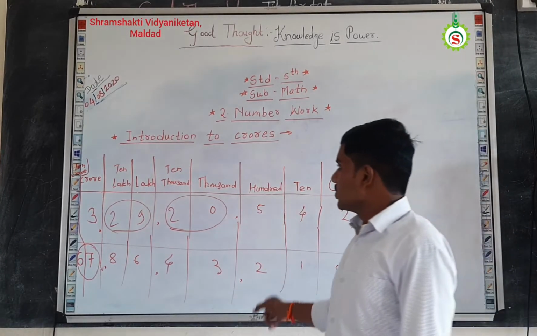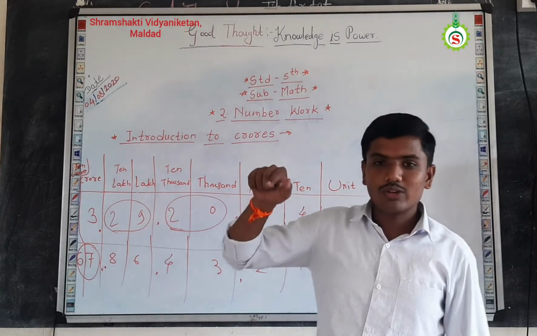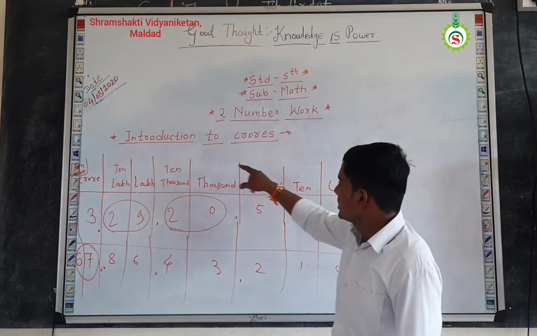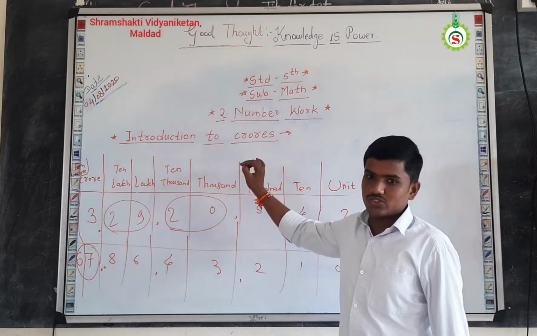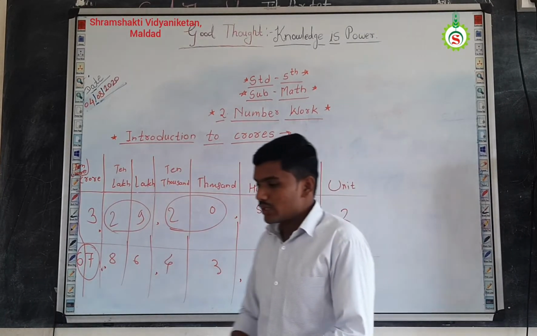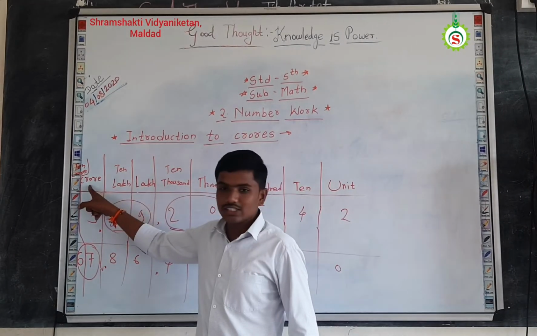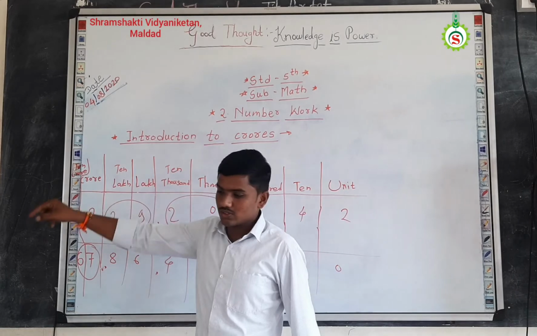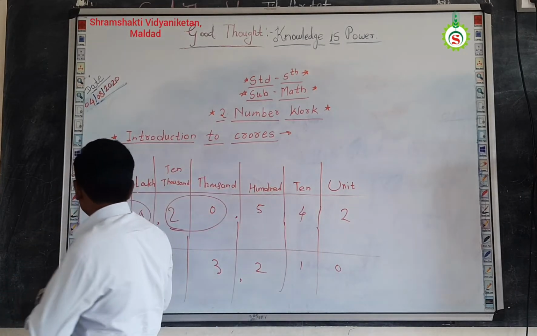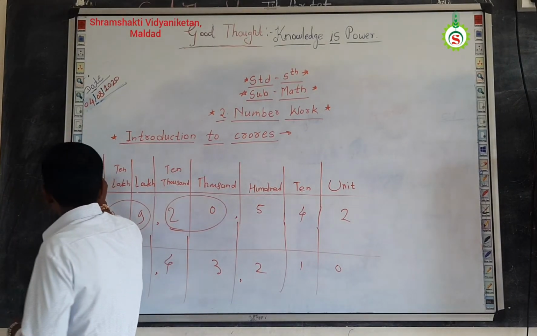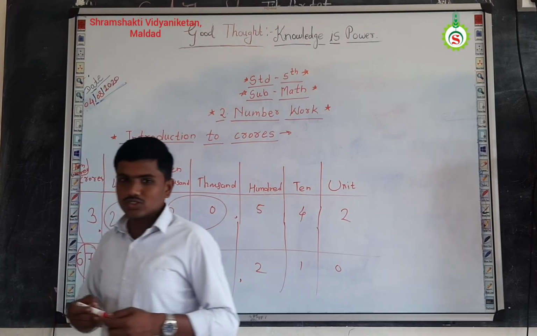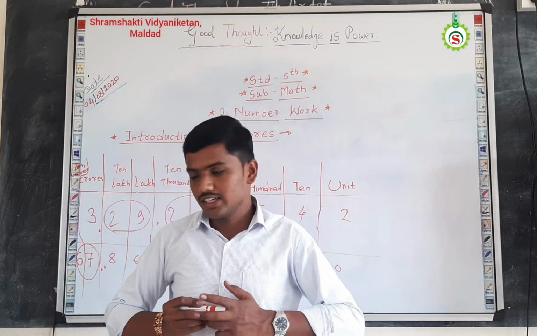So in this lecture, what we have seen is the introduction to the crores. That means now you are able to read a number up to the place of crores or ten crores.